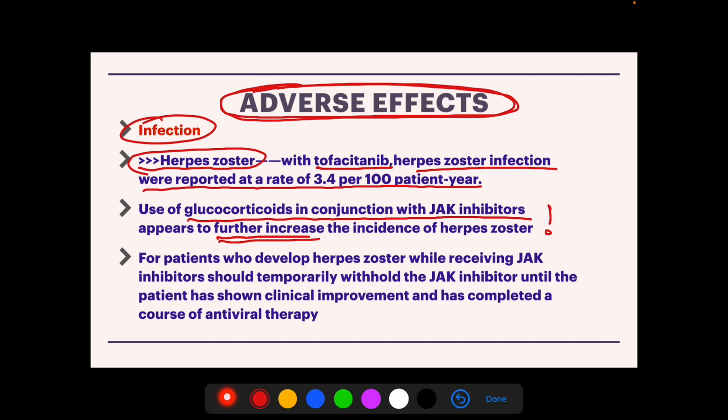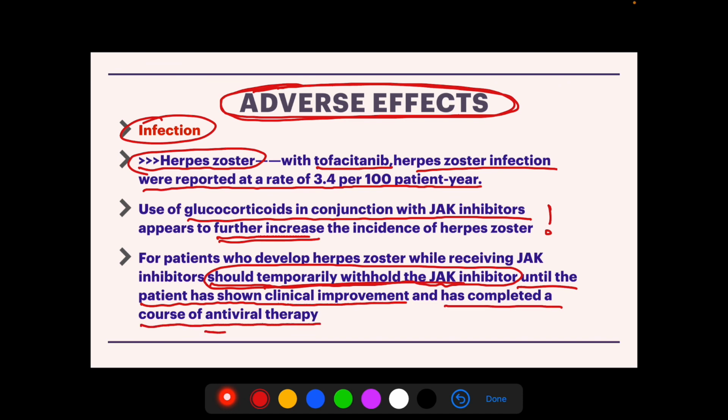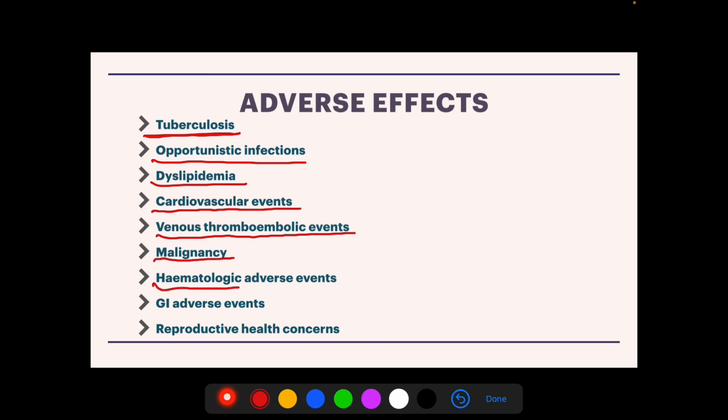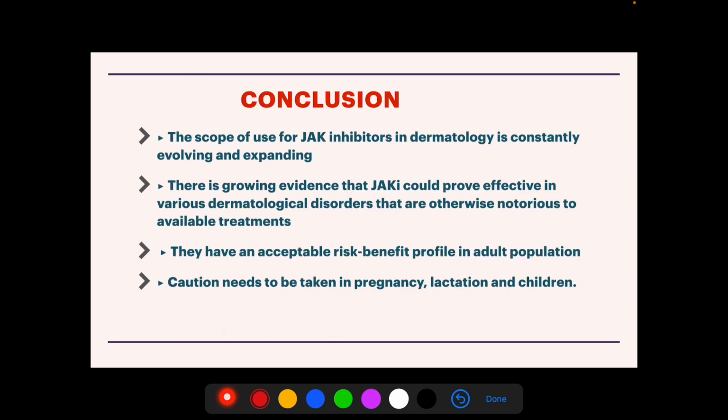Patients who develop herpes zoster while receiving JAK inhibitors should temporarily withhold the JAK inhibitor, and this is very important, until the patient has shown clinical improvement and has completed a course of antiviral therapy. Other adverse events include tuberculosis, opportunistic infections, dyslipidemia, cardiovascular events, venous thromboembolic events, malignancy, hematologic adverse events like anemia and neutropenia, GI adverse events, and reproductive health concerns.